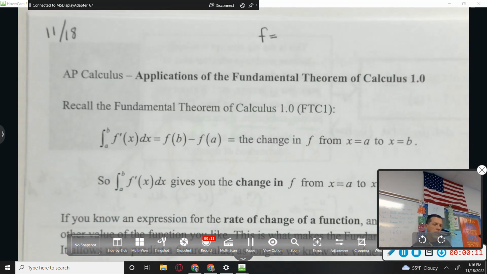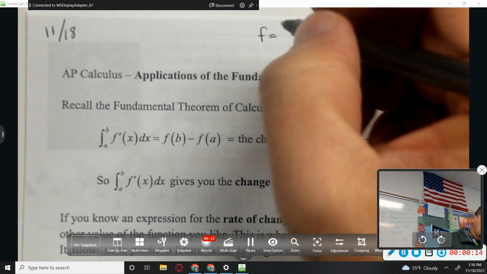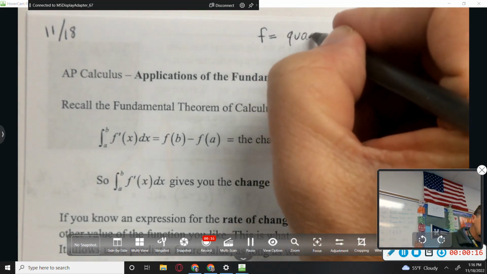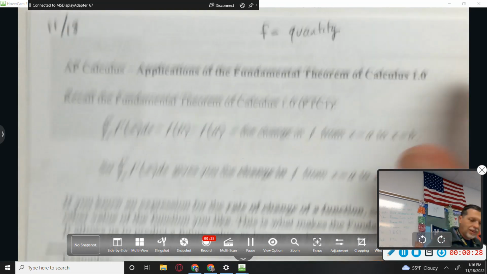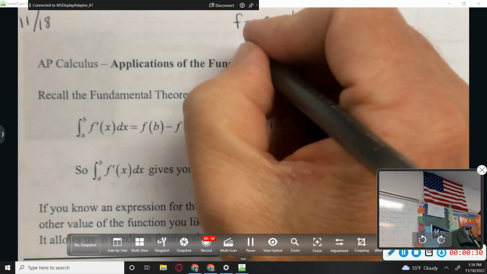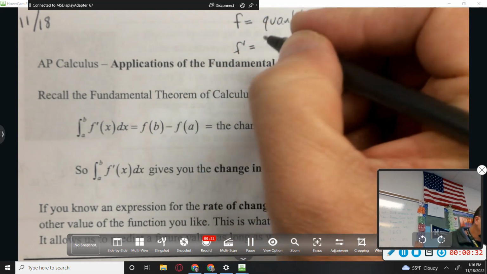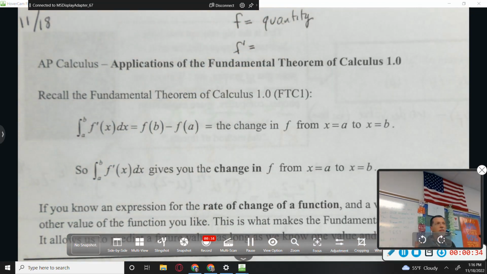So we're going to, again, start up above the notes, and let's start with just saying f is some quantity. So f could stand for anything: how much rain we've got, how tall the grass is, anything. f prime is the derivative, but what's another word for derivative?